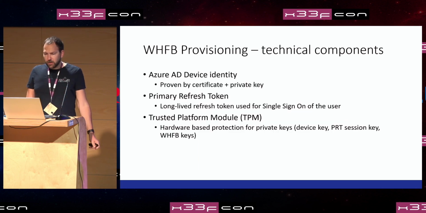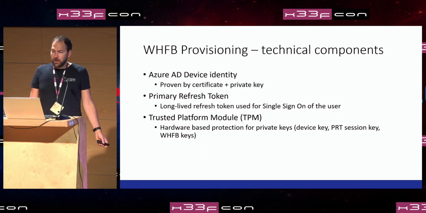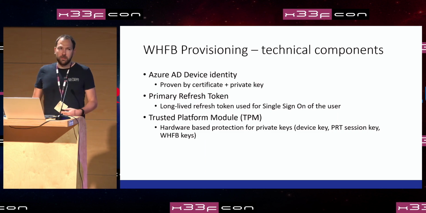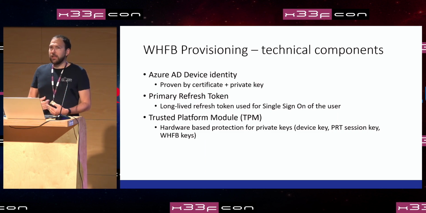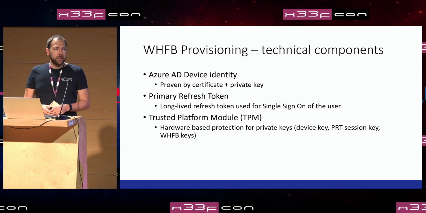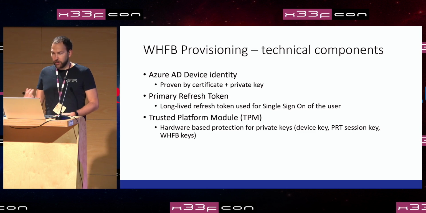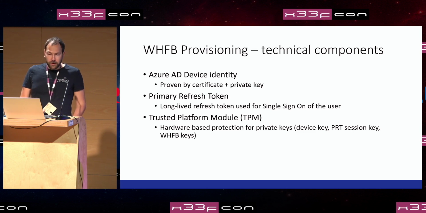If you look at the technical components, there are a few things involved here. The first one is the Azure AD device identity. Devices have an identity. That's true for both the on-prem implementation and the Azure AD implementation. For Azure AD, the device uses a certificate plus a private key to prove its identity to Azure AD. Another thing is a primary refresh token.